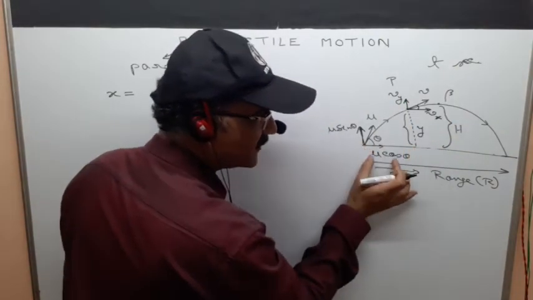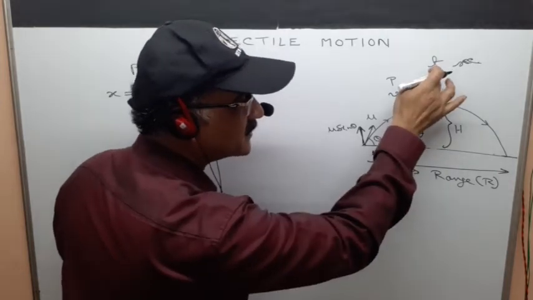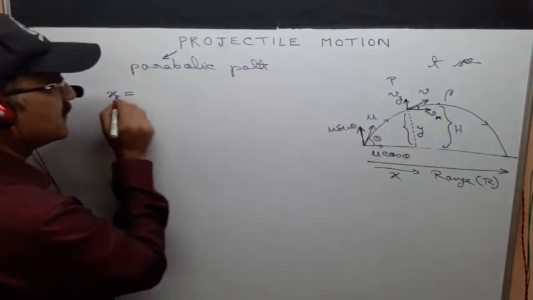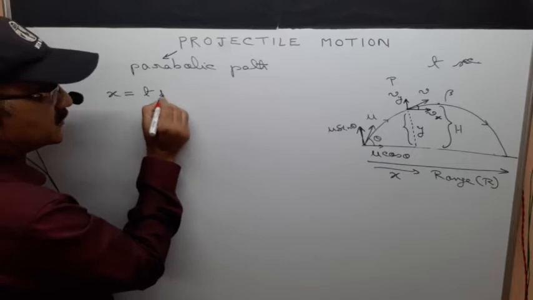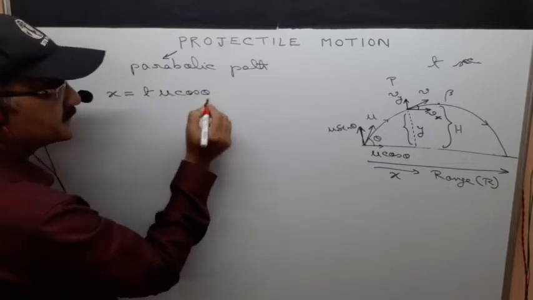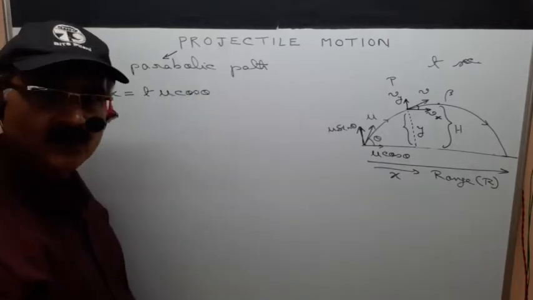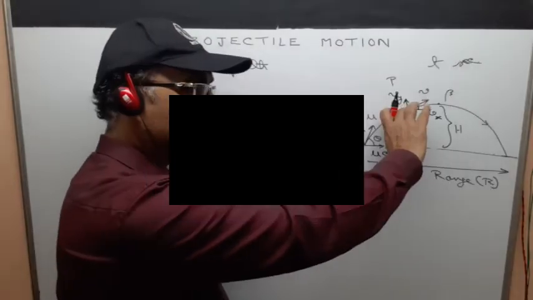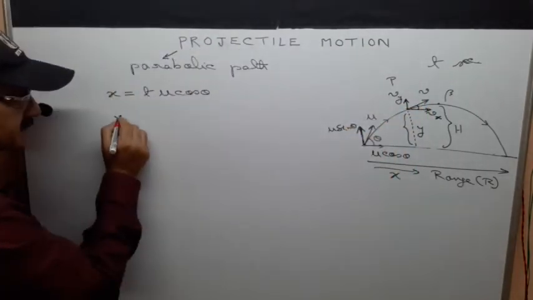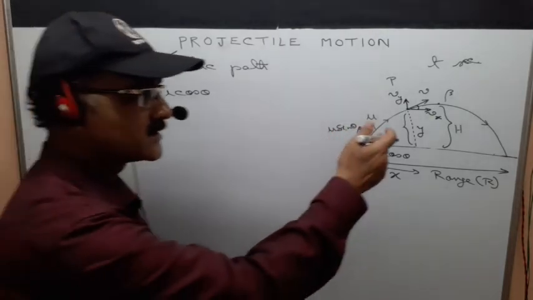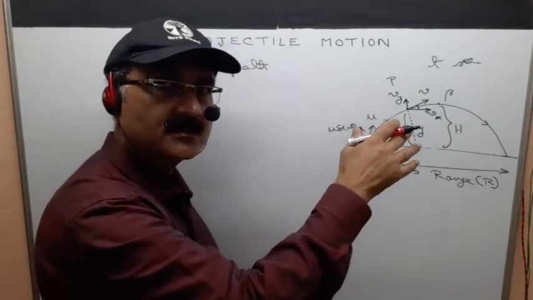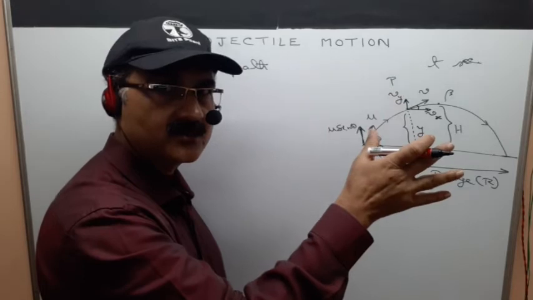The horizontal velocity multiplied by time t. So x will be t into u cos theta. And how much will be y? In this direction, there is acceleration, in fact retardation.